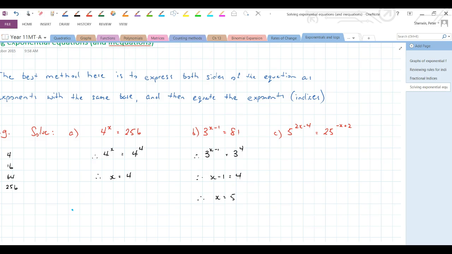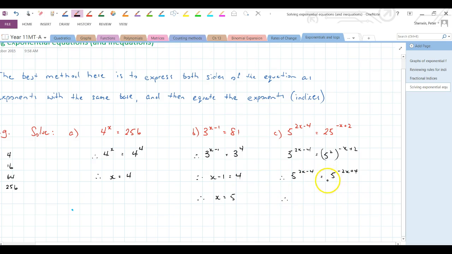Head over here to C, base 5, base 25. I can write these both with a base of 5, can't I? That 25 is 5 squared, so I bracket that. I put minus x plus 2 up there. My next step will just be to remove those brackets, so it'll be 5 to the power of minus 2x plus 4.